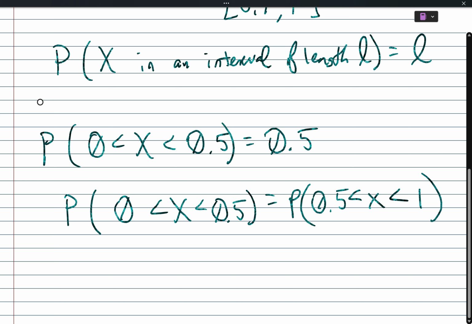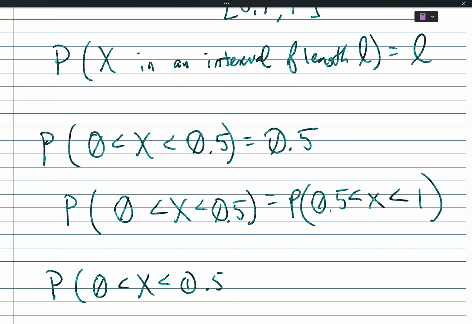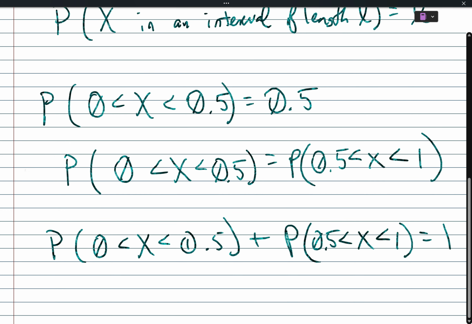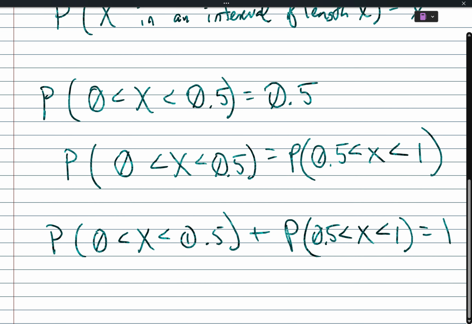And the probability of X between 0 and 0.5 plus the probability of X between 0.5 and 1 equals 1, since they are disjoint and their union is the entire sample space.